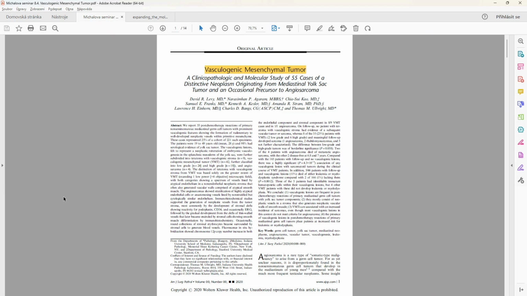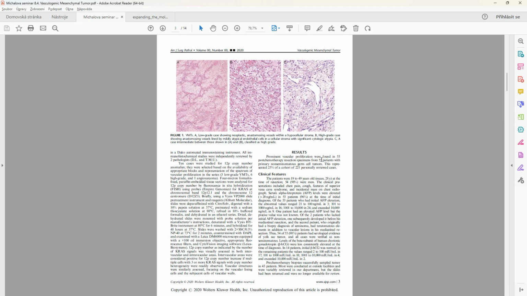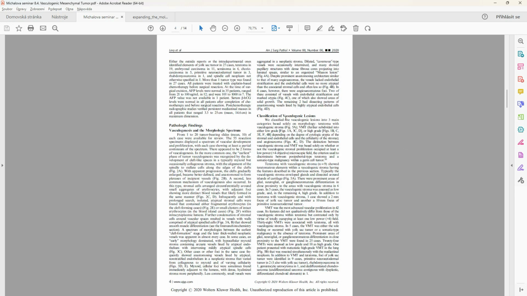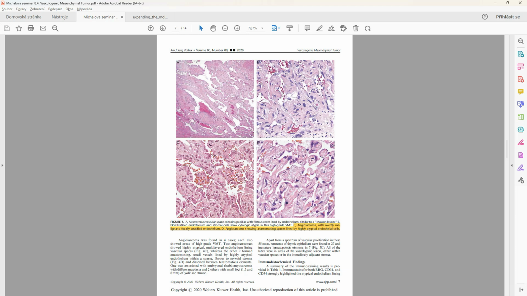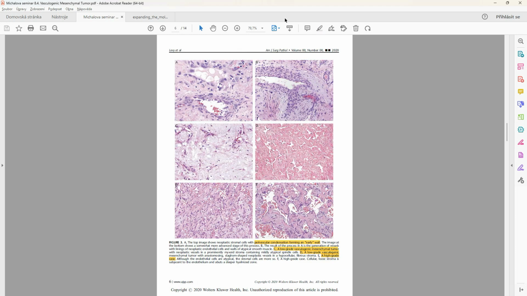Especially from the yolk-sac tumor in mediastinum of male patients, it can sometimes be transformed into so-called vasculogenic mesenchymal tumor, described after chemotherapy for the primary germ cell tumor. This vasculogenic mesenchymal tumor has a spectrum. It can be quite bland. That's why it is not called angiosarcoma in all of the cases.